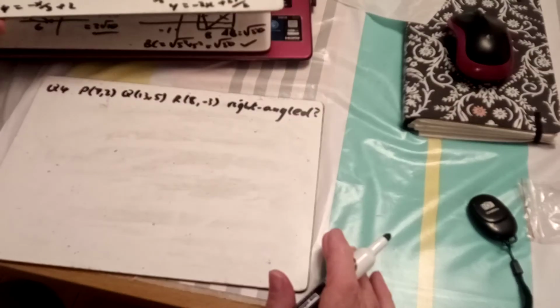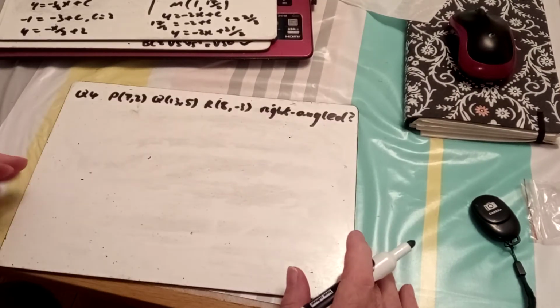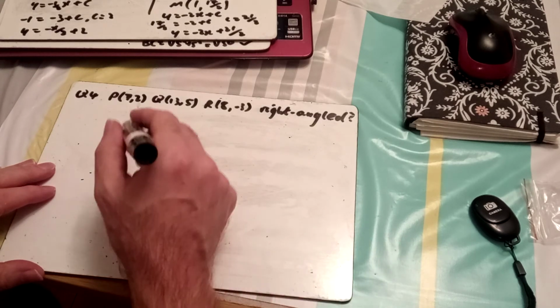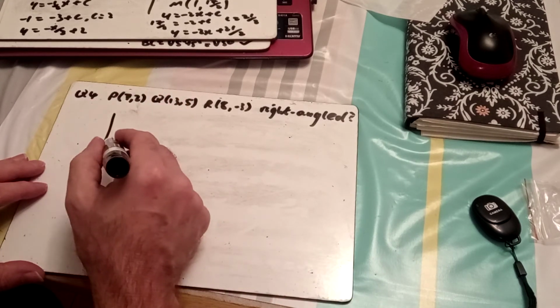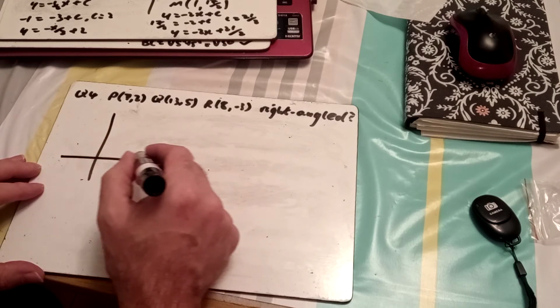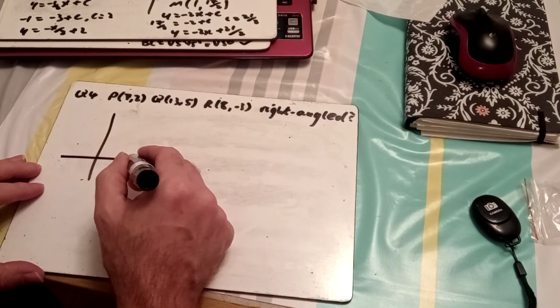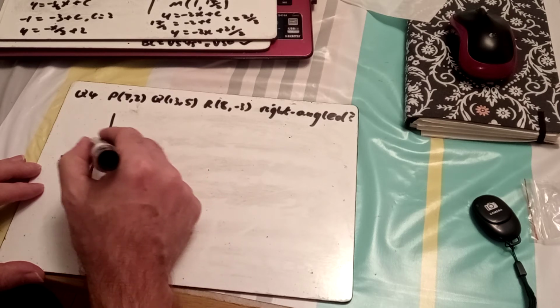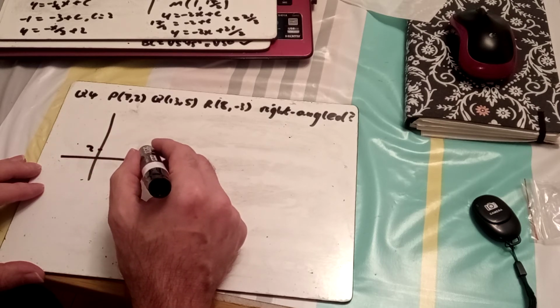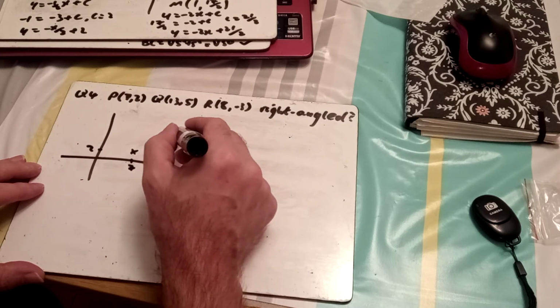Last example. Triangle PQR, is it right angled? So let's have a decent sketch here. So I've got (7, 2), there's P. 13 along and 5 up.